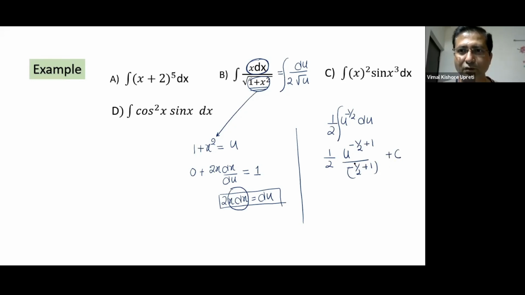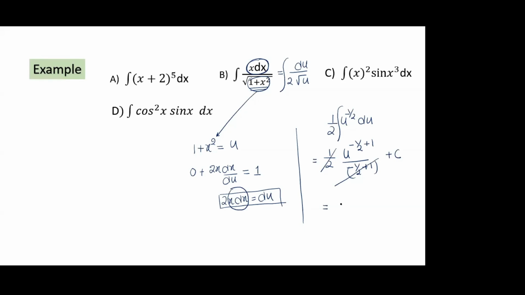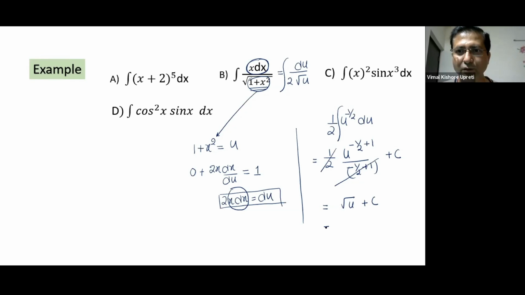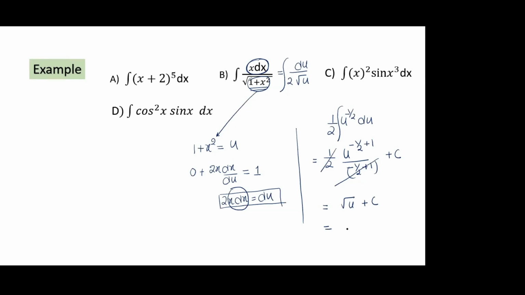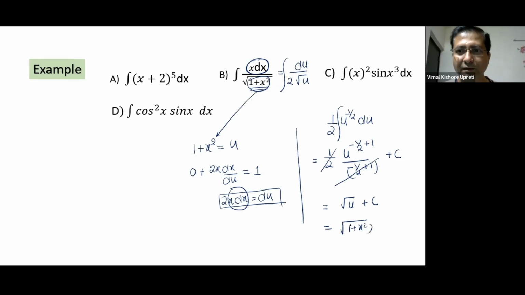Okay, so I can see this 1 by 2 and this 1 by 2 are getting cancelled. u to the power 1 by 2 plus c, that is under root u plus c. And we have to report the answer in terms of x: 1 plus x square. So under root 1 plus x square. Now clear? Yes, sir.